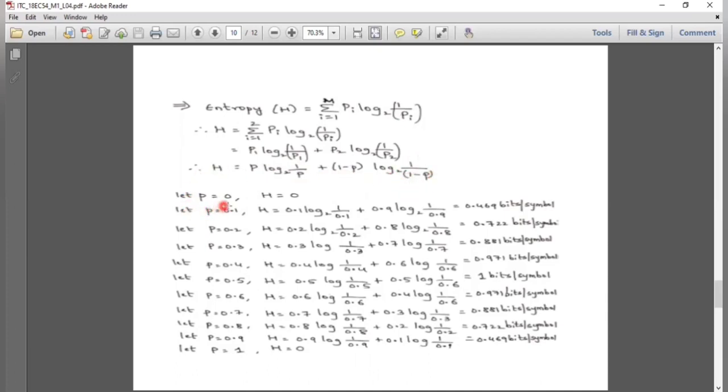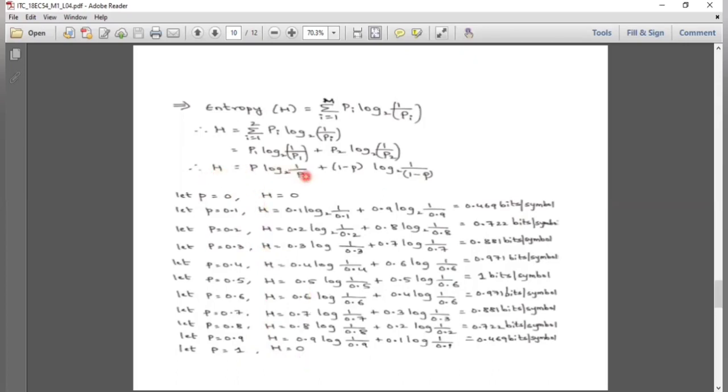We know that probability varies from 0 to 1. The minimum probability value is 0, whereas the maximum probability is 1. So for different values of probability, we need to compute the entropy H.